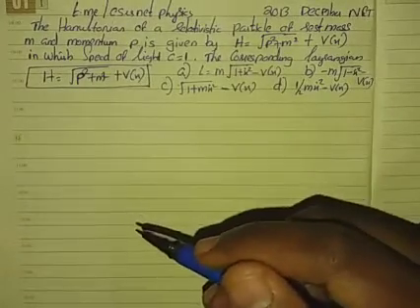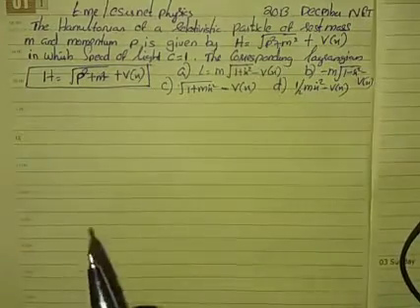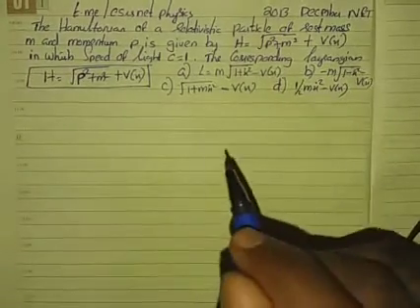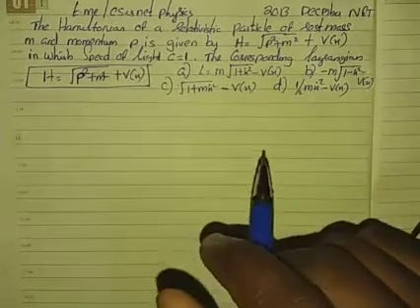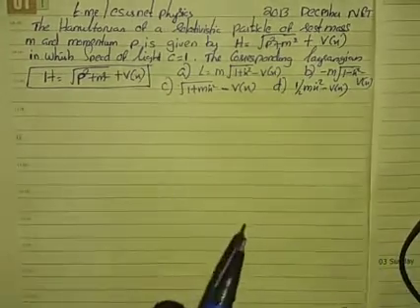So we have done enough problems to see and understand how Lagrangian and Hamiltonian are related, and all that theoretical background we have explained in different problems, so I'm not going to do that now.